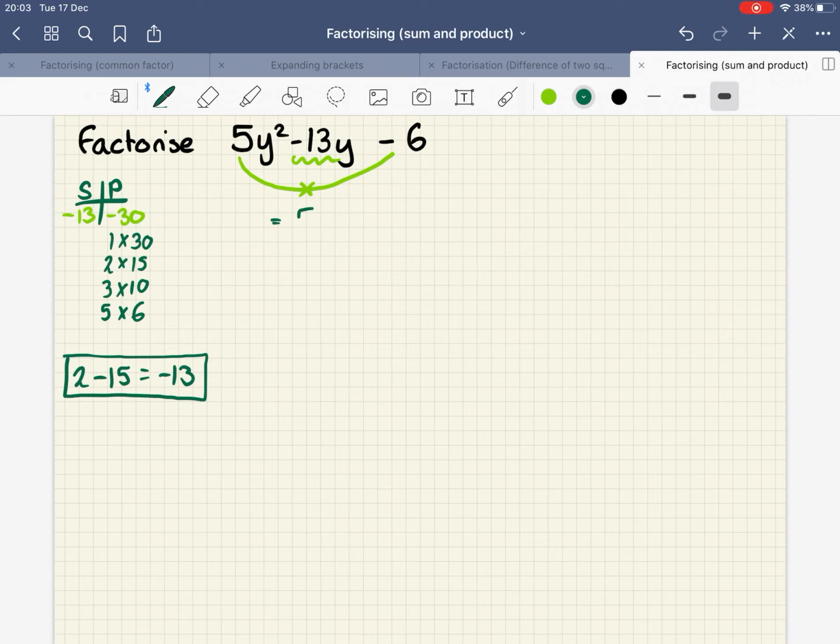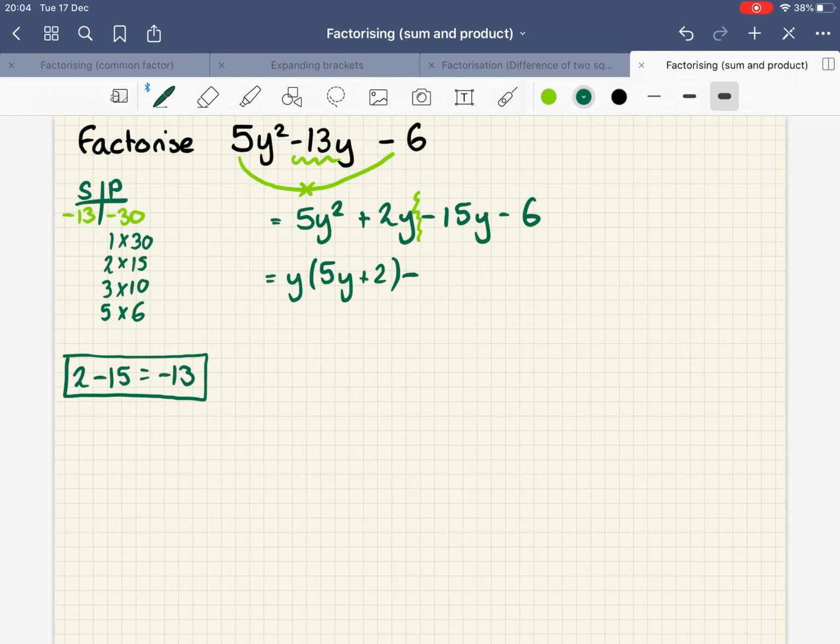So back to my original equation, I've now got 5y squared. It's going to be plus 2y minus 15y minus 6. Dividing that middle part. Common factor at the front here will be y. Not squared. Taking that sign.